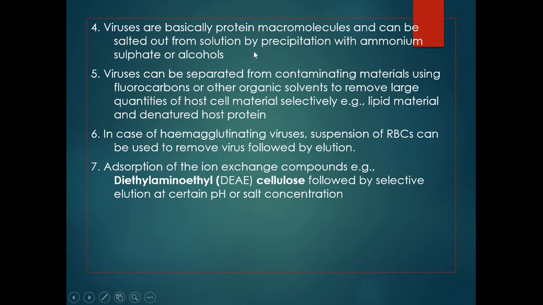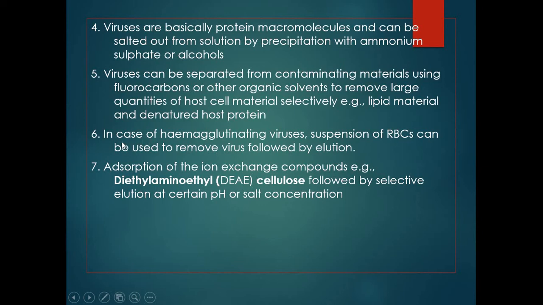Viruses are basically protein macromolecules and can be salted out from the solution by precipitation with ammonium sulfate or alcohols. Viruses can be separated from contaminated material using fluorocarbons or other organic solvents to selectively remove a large quantity of host cell materials, for example lipid materials and denatured host proteins.